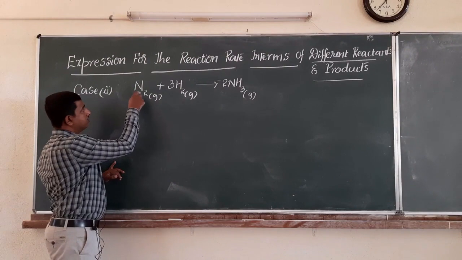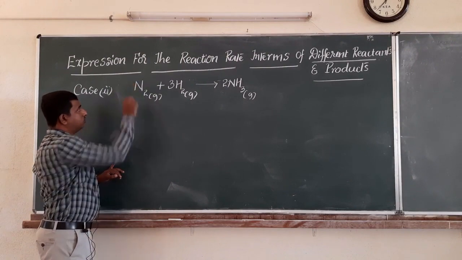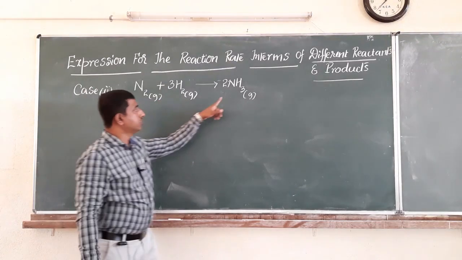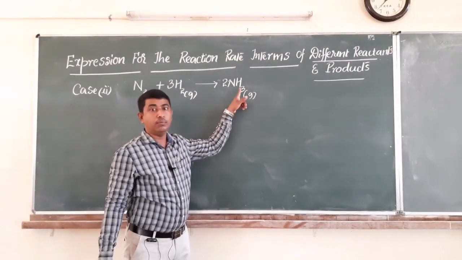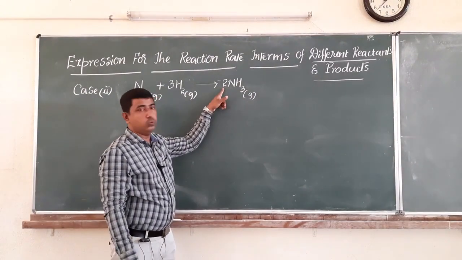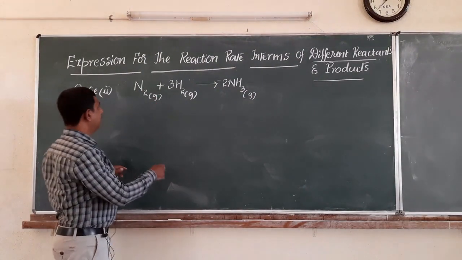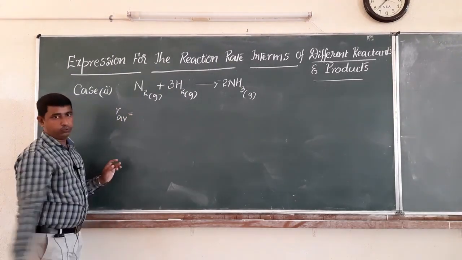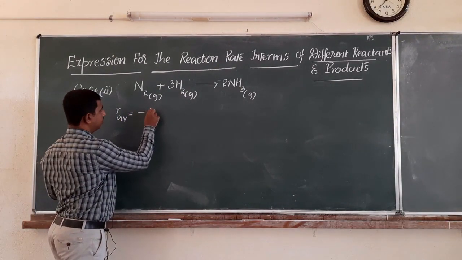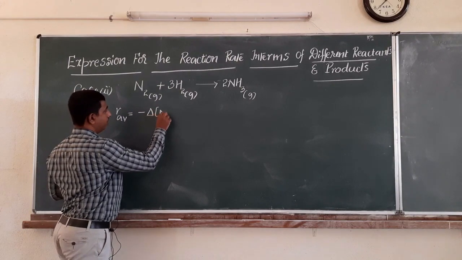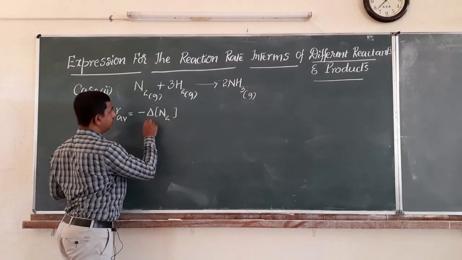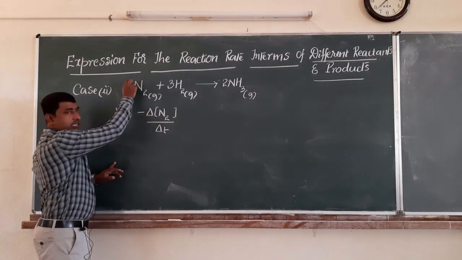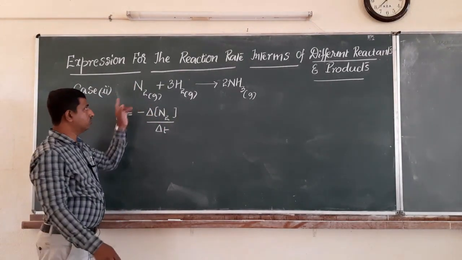You can see here the stoichiometric coefficient of nitrogen is 1, the stoichiometric coefficient of hydrogen is 3, and the stoichiometric coefficient of ammonia is 2. Now I will write the rate expression. Average rate is equal to minus delta concentration of nitrogen divided by delta T. No need to divide it because the stoichiometric coefficient here is 1.